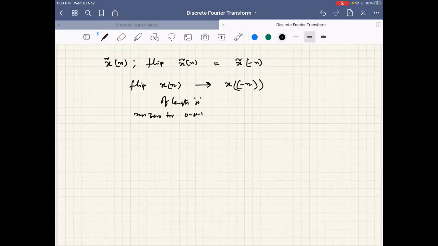Okay, so this comes from the periodicity, so instead of taking one period, you can take the other period of x tilde of n. Okay, this comes from this, and hence this comes with the modulo n operation, for DFT.